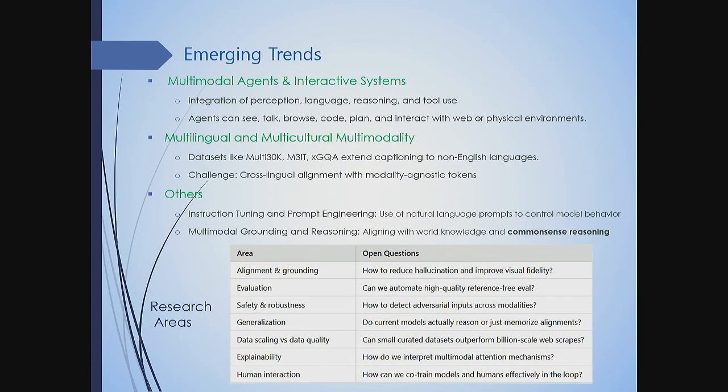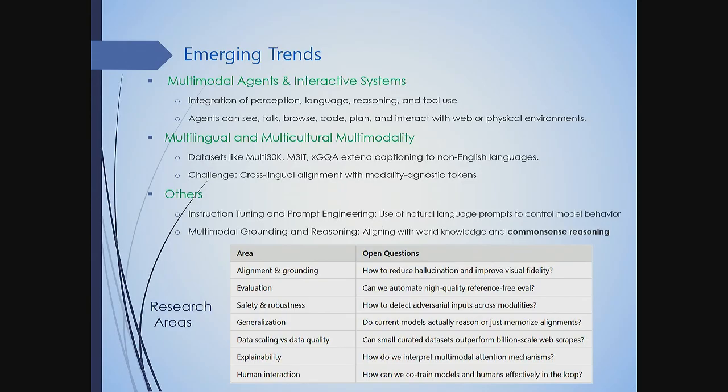Okay, so let's look at some emerging trends in this area. I'm just suggesting these as research areas. If you are really interested in multimodality, why not think about multimodal agents? Agents, you know what they are, because the Professor mentioned agent programming recently, and also interactive systems. You have to integrate language reasoning and tools together, so an agent can see, talk, move, and do other things.